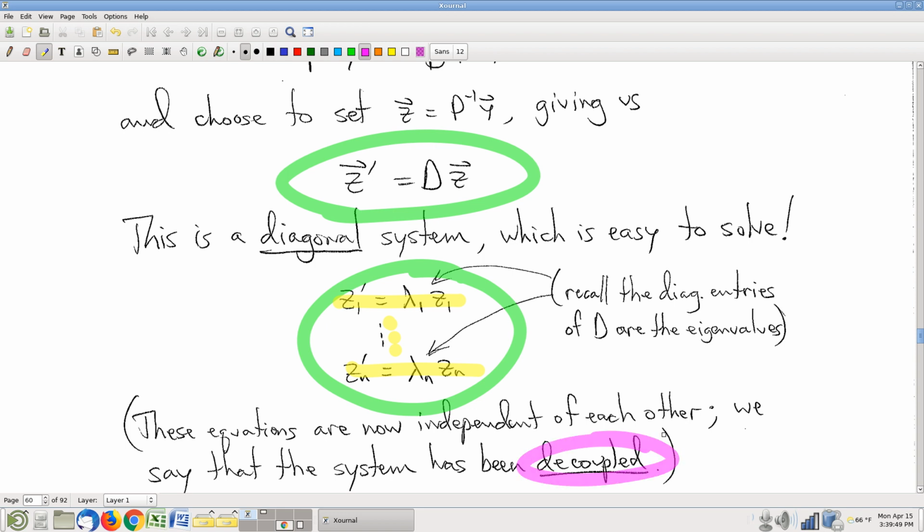Reminder. Here, let me color code better. Decoupled. The ugliness of having: we have our Z1 equation, but it's got Z2s in it, and there's Zn's in my Z1 equation, and everything's involved in everything else. All these equations are intimately bound up with each other because each one of them involves functions that are also involved in all the others.